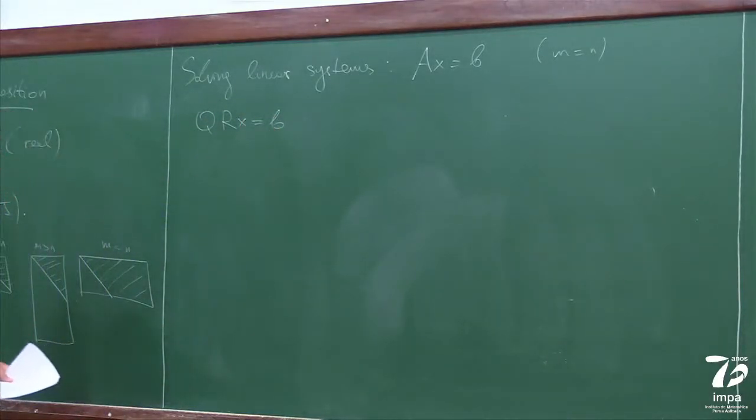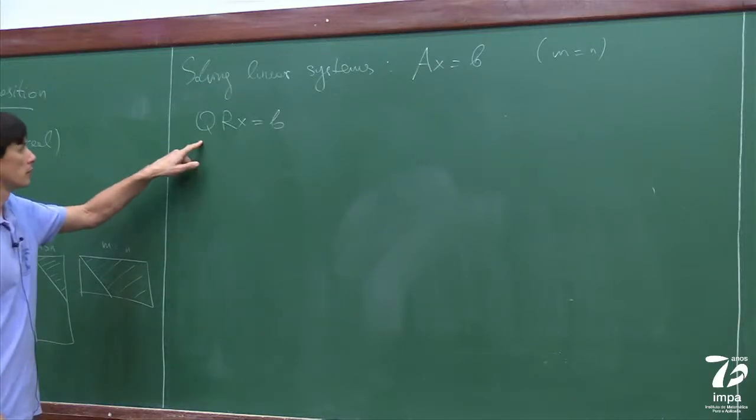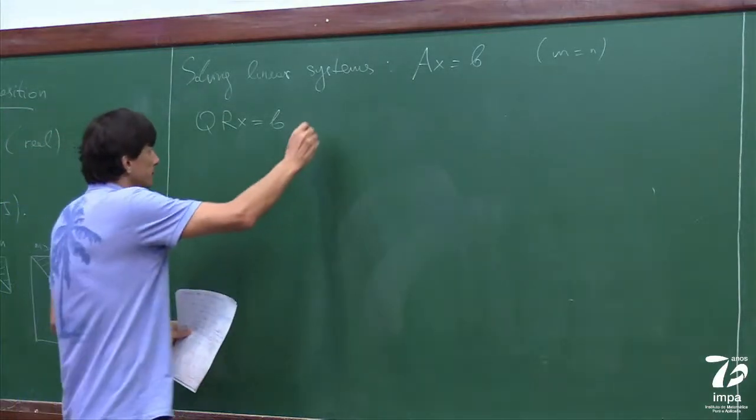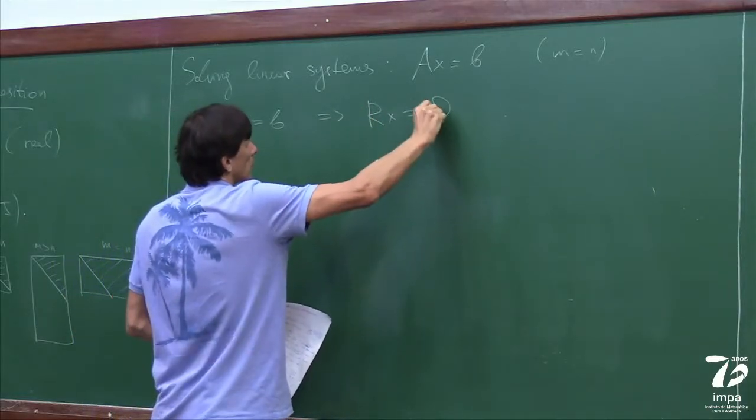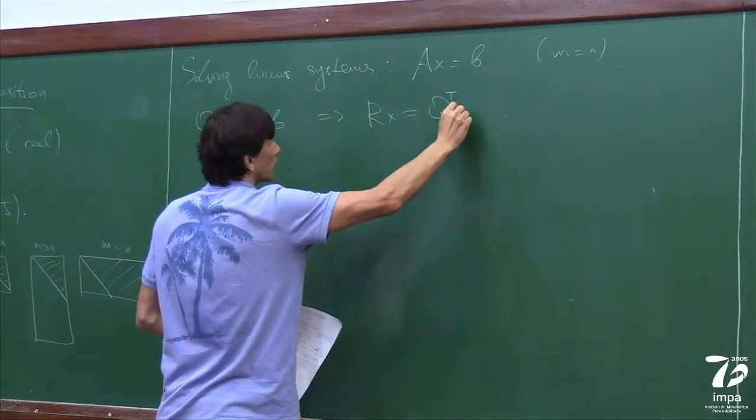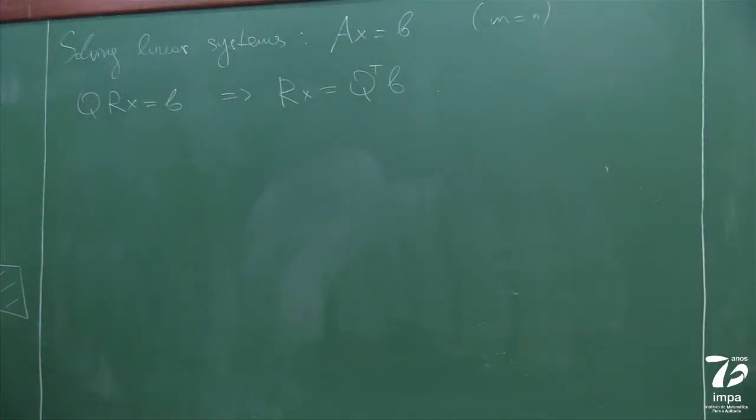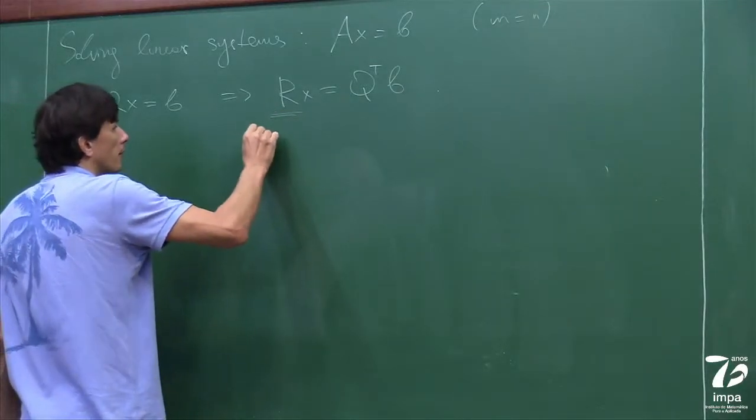Now if you multiply from the left by the transpose, you remove the first Q. And you get this equation directly. On the right-hand side, you just rotate vector b. And here the first part is upper triangular.